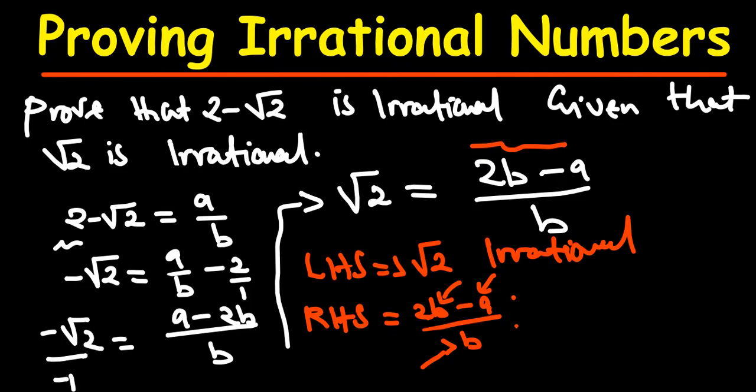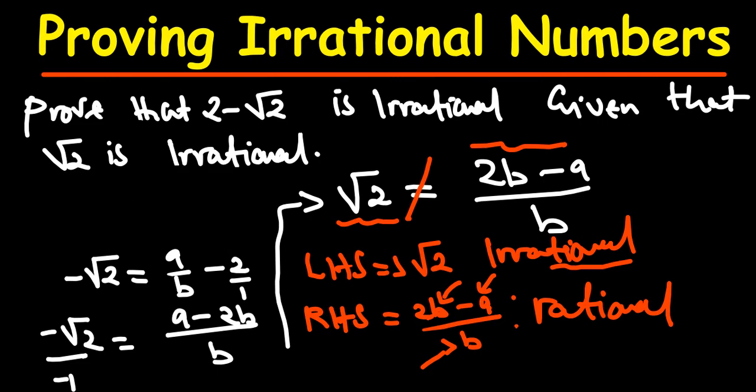So we have that on the left, we have an irrational number, and on the right we have a rational number. So this is a contradiction that we want. So we are going to say that this root of 2 is not equal to this, because root of 2 is irrational, while 2b minus a over b is rational. Okay, so that's the contradiction that we want.